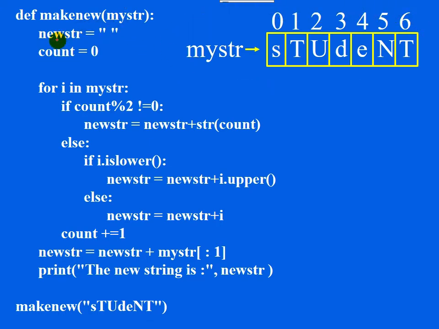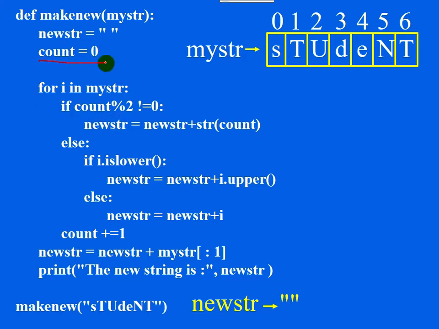Now the control goes inside the function. new str equal to empty string, meaning the variable new str is pointing to an empty string. So let me note down in the answer paper. You can see variable new str is pointing to an empty string initially.